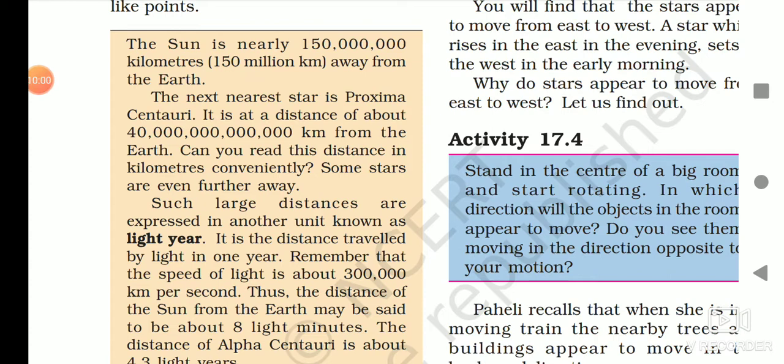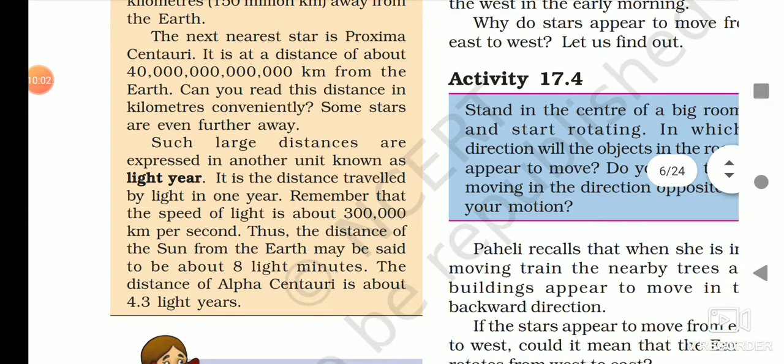Thus, the distance of the Sun from the Earth may be said to be about 8 light minutes. That means the distance covered by light in 8 minutes is the distance between the Sun and the Earth. The distance of Alpha Centauri is about 4.3 light years.